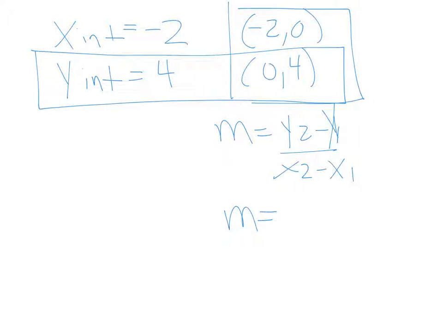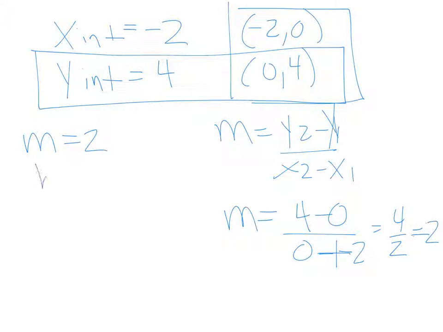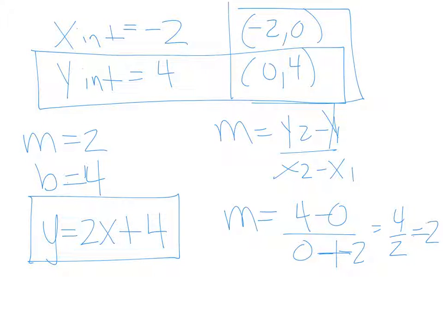So m equals 4 minus 0 over 0 minus -2, which is 4 over 2. 4 divided by 2 is 2. So I have an m of 2. I have a y-intercept of 4. And now I can write my equation, y equals mx plus b. Remember, we only need the m and the b plugged in to write an equation in slope-intercept form.